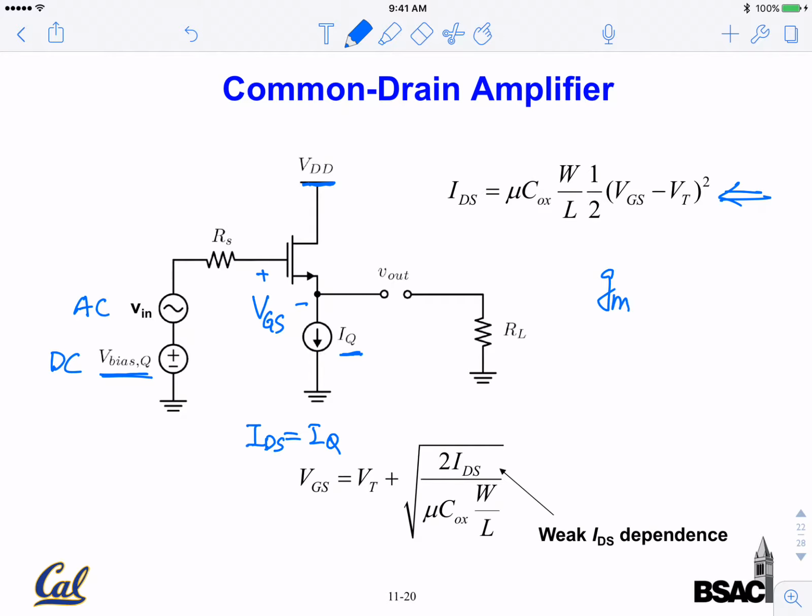So gm is basically equal to Kn times VGS minus VTN, okay?